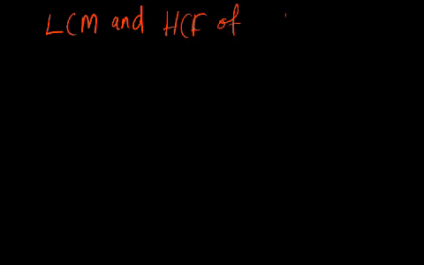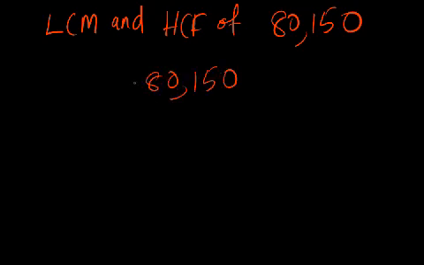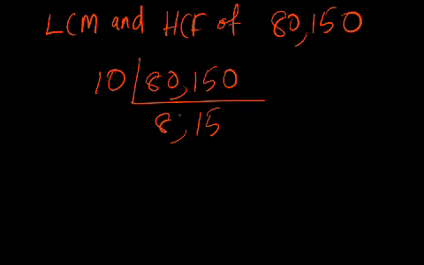Okay, we can do one more example. LCM and HCF of 80 and 150. So 80 comma 150. Both numbers are divisible by 10. 80 divided by 10, 8. 150 divided by 10, 15.